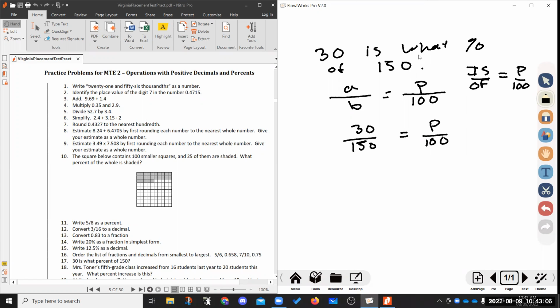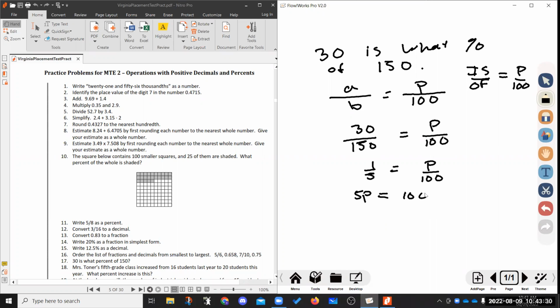So in this case, the question word, what was close to the percent sign? The P is the unknown here. All right, we can go ahead and simplify this and say 1/5 is equal to P over 100. I can either change the left-hand side to be in hundredths and find P that way, or I can cross multiply. Let's cross multiply here.